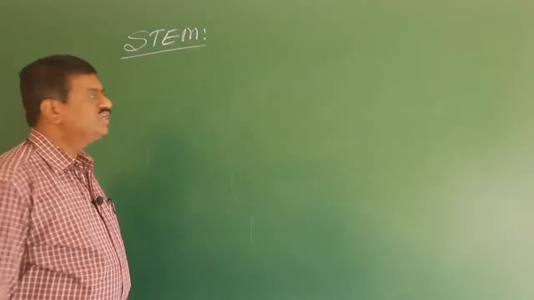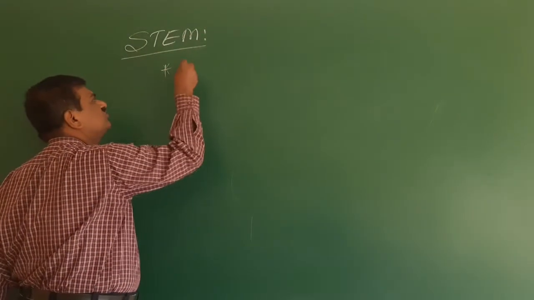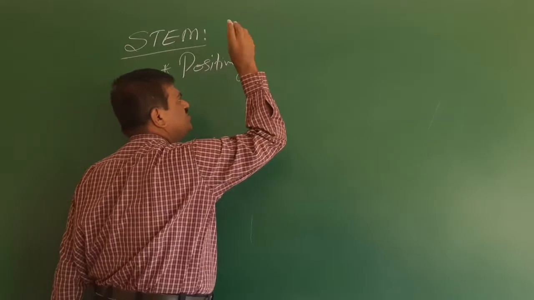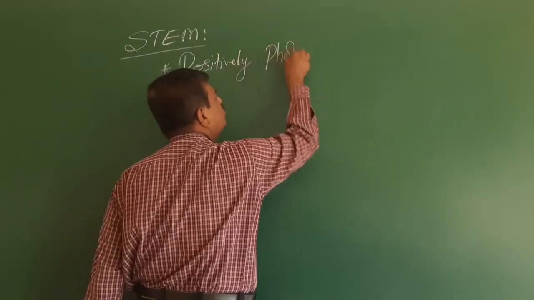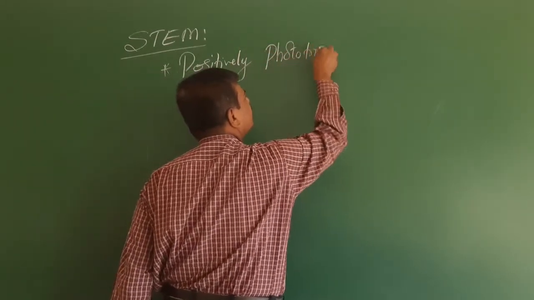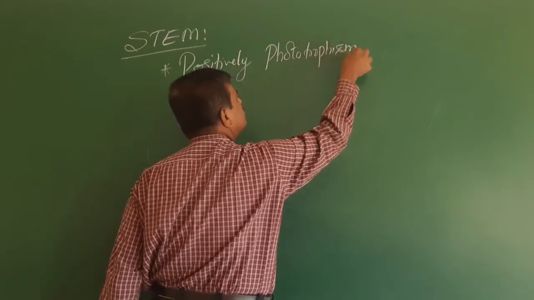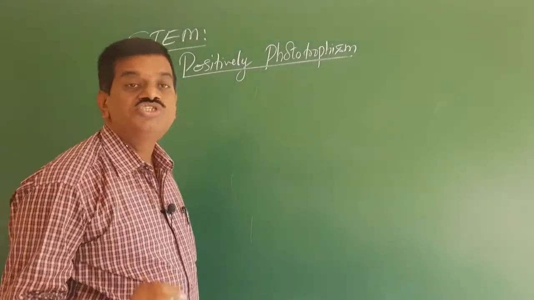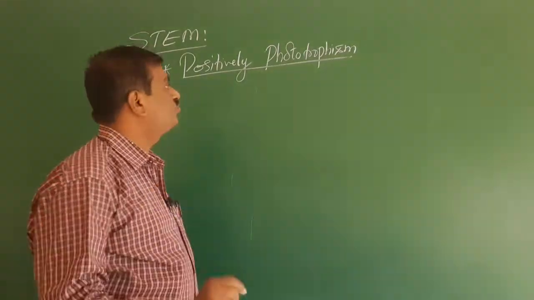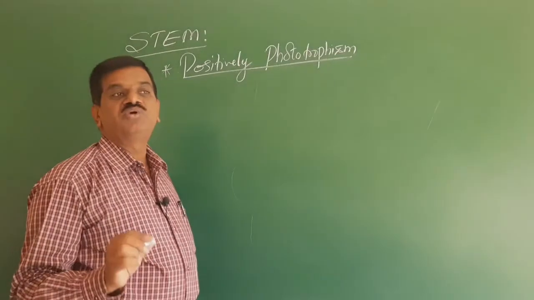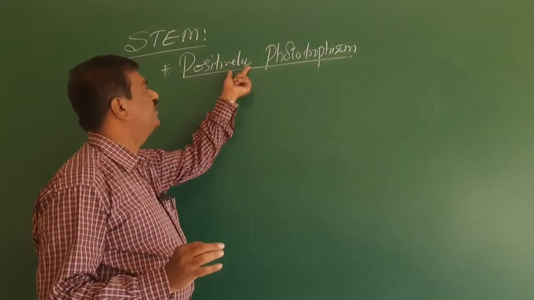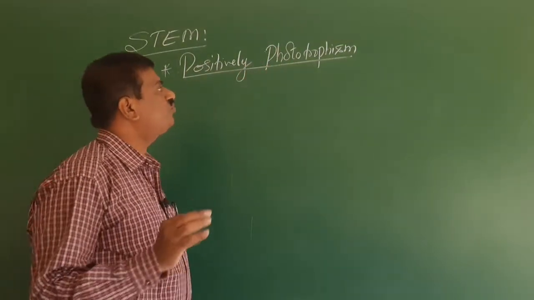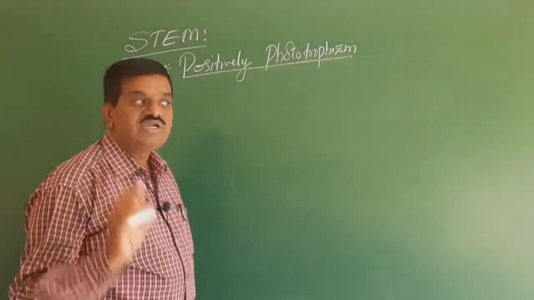The stem is always positively phototropic. Stem always moves towards the light. Phototropism is nothing but moving towards light. So we use the word positively phototropic, moving towards light.